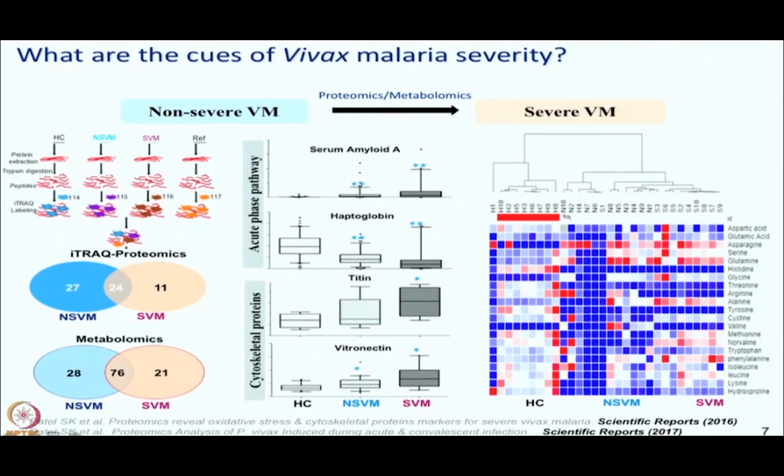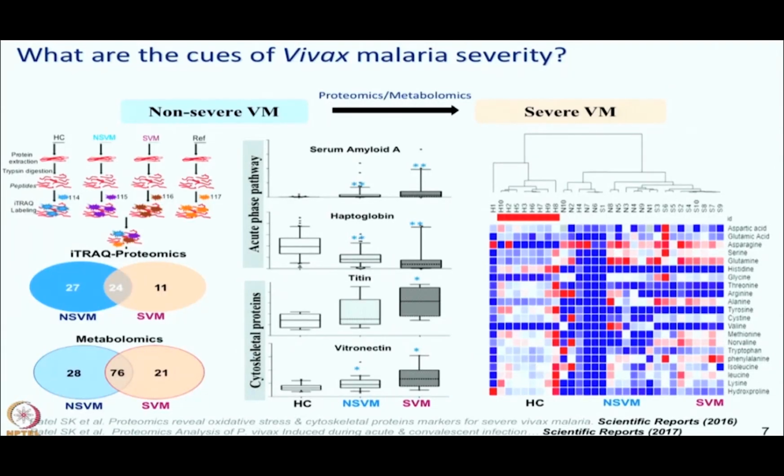The red dots show the pattern of healthy individuals, this part shows the non-severe, and the last part shows the severe patterns. Even by looking at the metabolite profile, one could see that there are some metabolites, especially various amino acids, that change in response to non-severe and severe types of malaria.